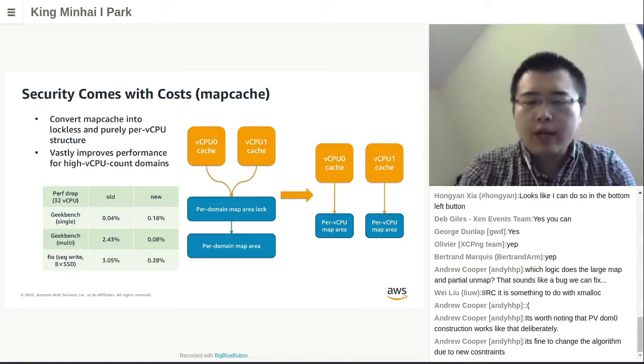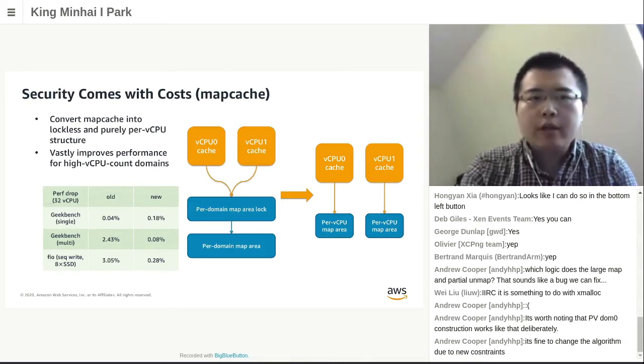Each vCPU has its own cache, but if you miss in that cache, that vCPU has to go to the per domain area to fill or change some entries, and probably also fill the vCPU cache. That region is protected by a per domain lock. So as you can imagine, when the vCPU count is really high, eventually this will become a bottleneck, and especially in multi-threaded benchmarks, you will see a consistent performance drop.